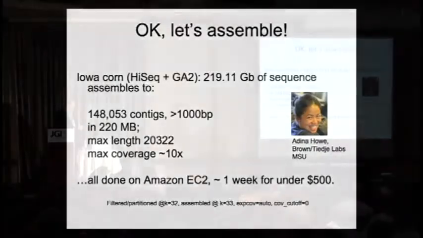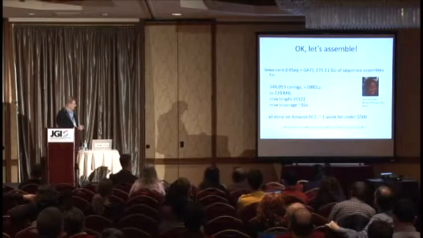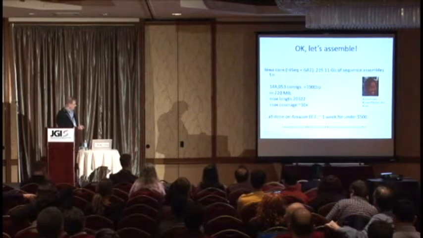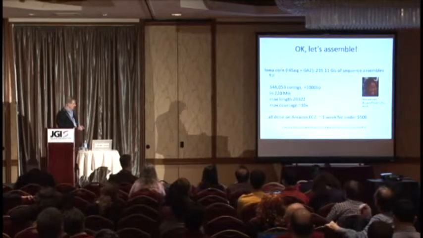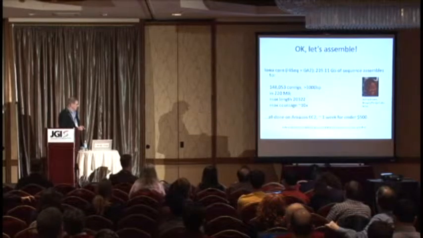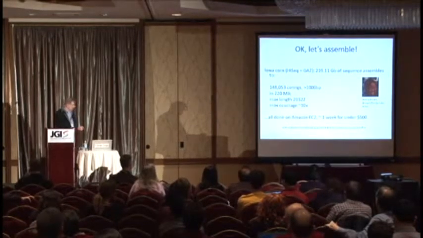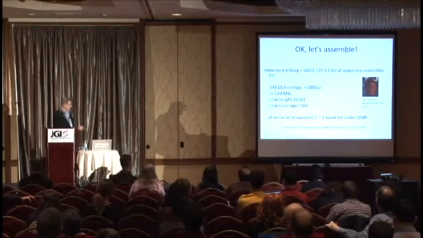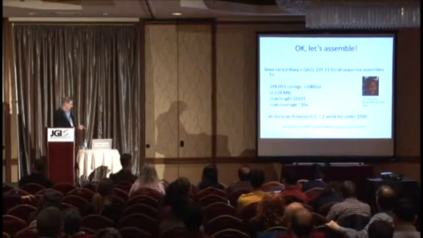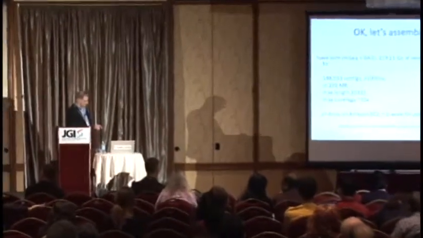So the cutoff here was 1,000 base pairs. 220 megabases, maximum length of 20,000 bases, maximum coverage 10x. This was all done on the Amazon EC2 for 1 week for under $500. So it makes the problem more manageable and more cost effective.